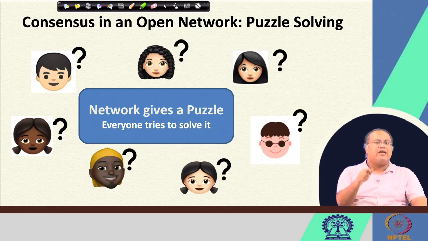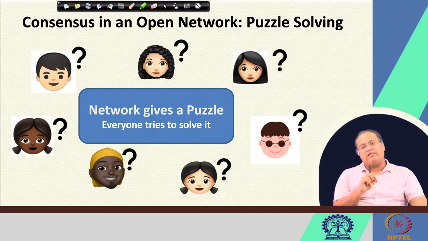It is not like people will immediately be able to solve the puzzle. Let people take their time and try to solve the puzzle, but eventually one will be able to solve it and tell me the answer, and then I can choose that person as a leader, and whatever that person votes for, whether burger or pizza, all of us are going to agree to that.